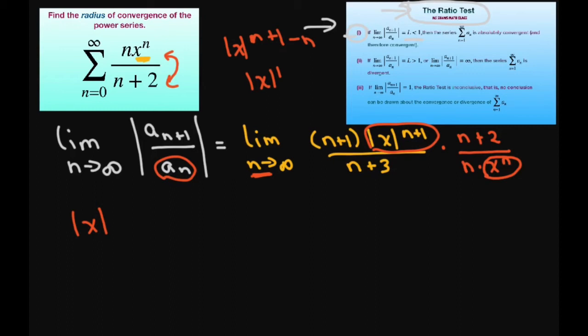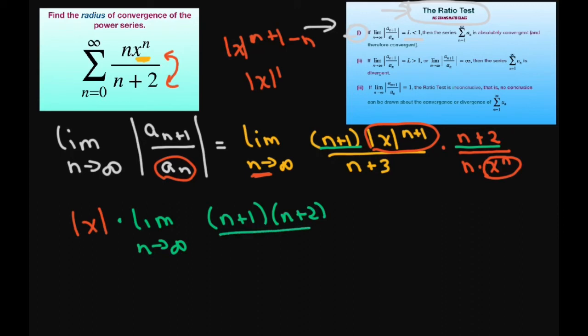Now everything else has n's in it, so now let's start with our limit as n approaches infinity and simplify everything else. We have n plus 1 times n plus 2 divided by n plus 3. All right.